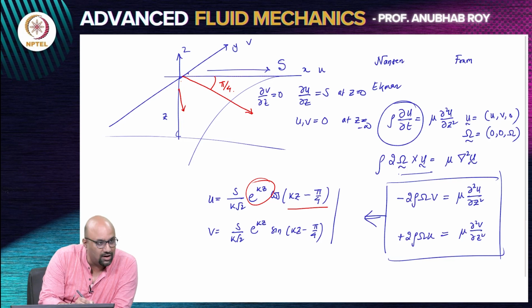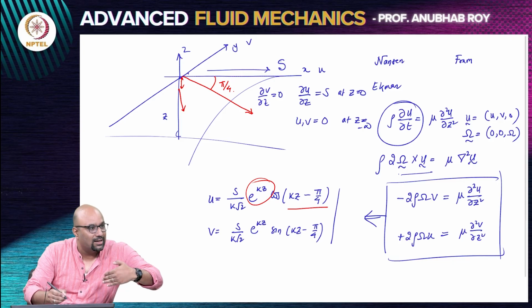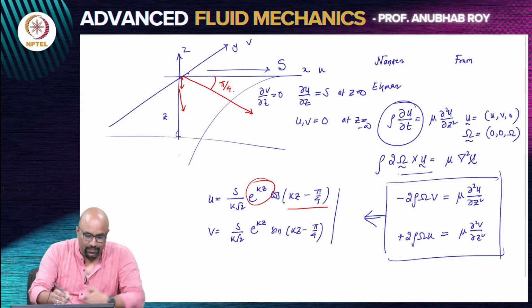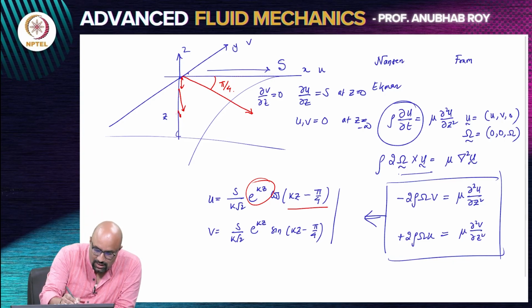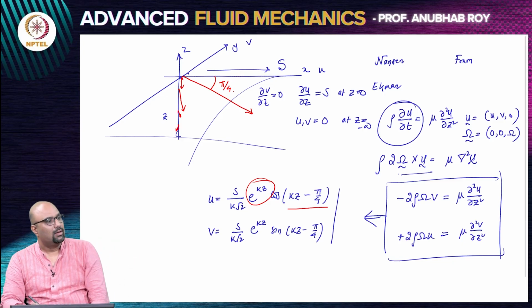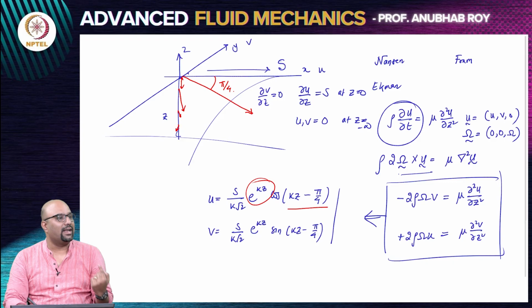So the surface velocity is at an angle pi by 4 from the wind. At a certain depth below, it has already tilted and become weaker. So it gradually keeps tilting. So you have a spiral that gets set up.